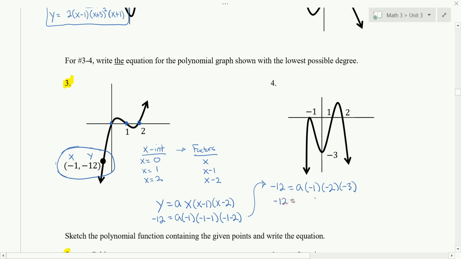Or -12 equals -6 times a. Divide by -6 and you get a is 2. So the equation for number 3 is going to be y equals +2 times x times x minus 1 times x minus 2.